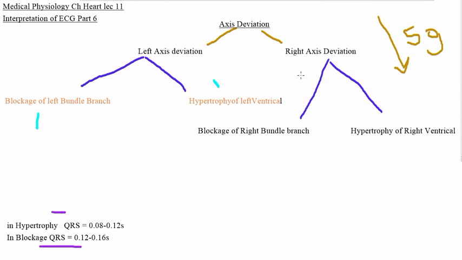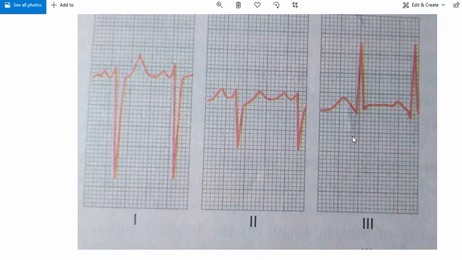Now we are going to discuss two electrocardiographies that will increase your knowledge about the blockage of right bundle branch, how right axis deviation occurs, etc. Here is another electrocardiography, ECG, and you have to interpret and diagnose from what type of disease the patient is suffering. This is lead 1, lead 2, lead 3.